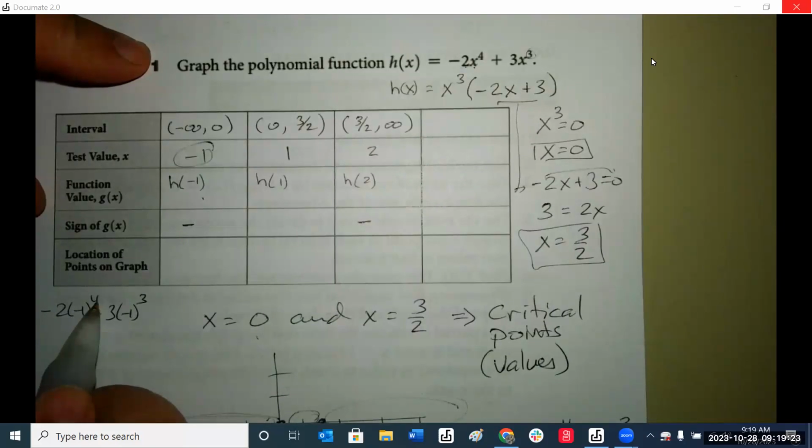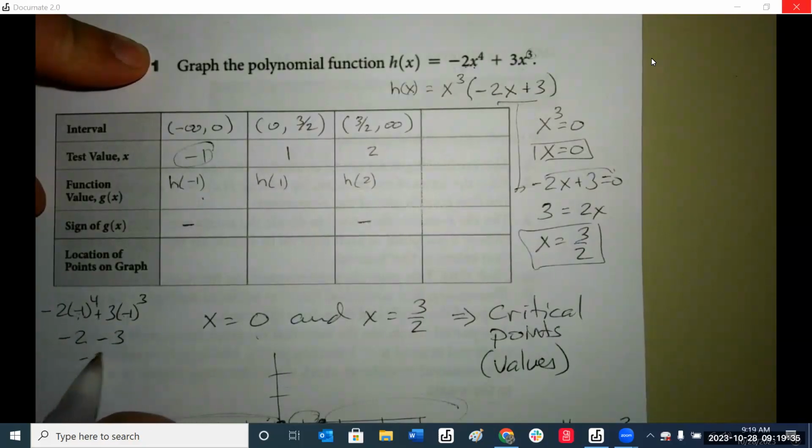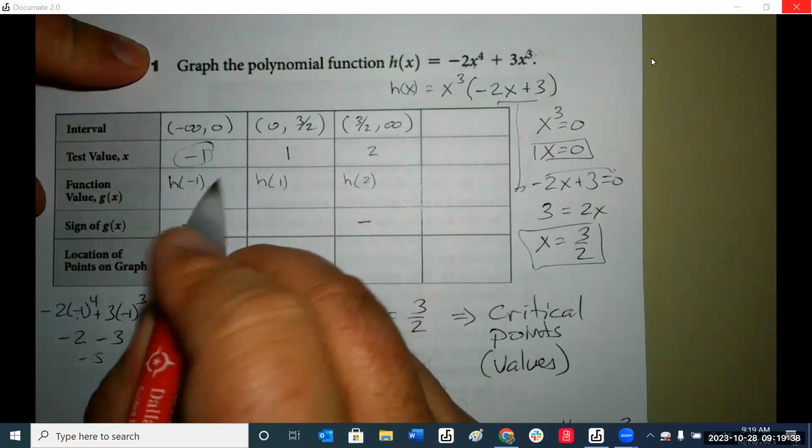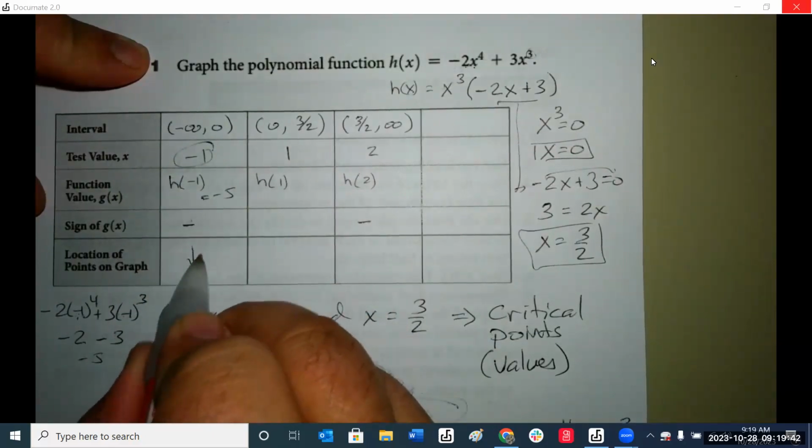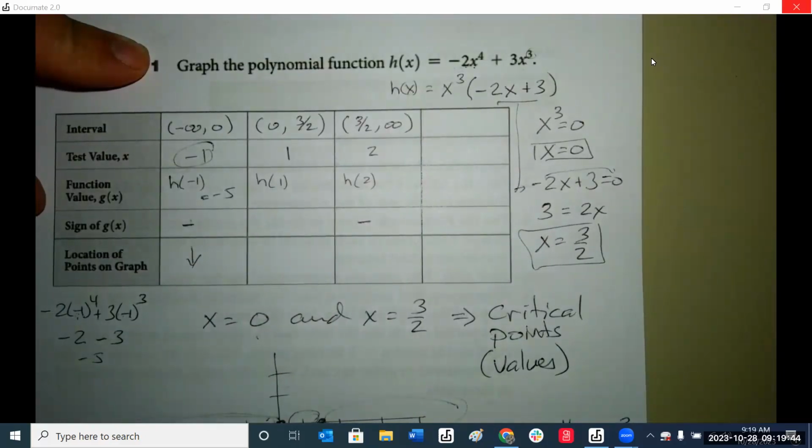So -1 to the 4th is positive, so it's +1. So we have -2. -1 to an odd power is negative, so positive times negative is negative. It'll be -5. It's negative. That means it's below the x-axis.